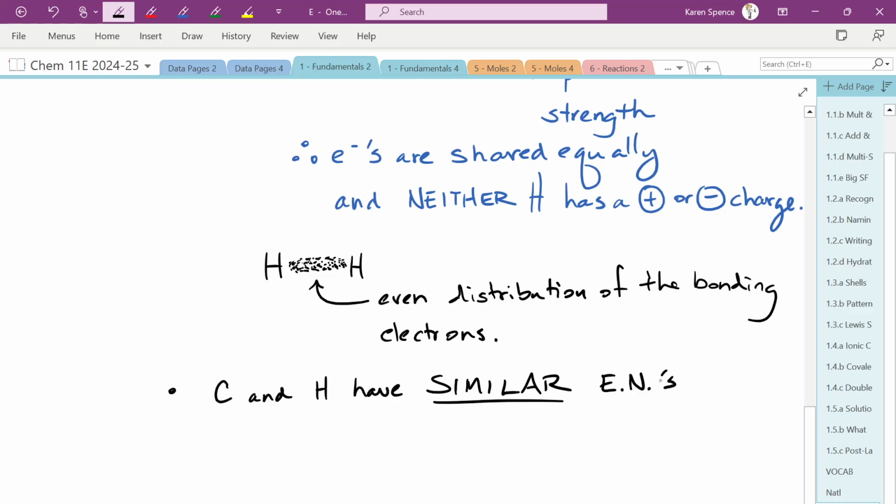So we think both slightly positive right now? They're both slightly negative? Or neither? Yeah? Because their nucleus is positive, and they both have electrons.